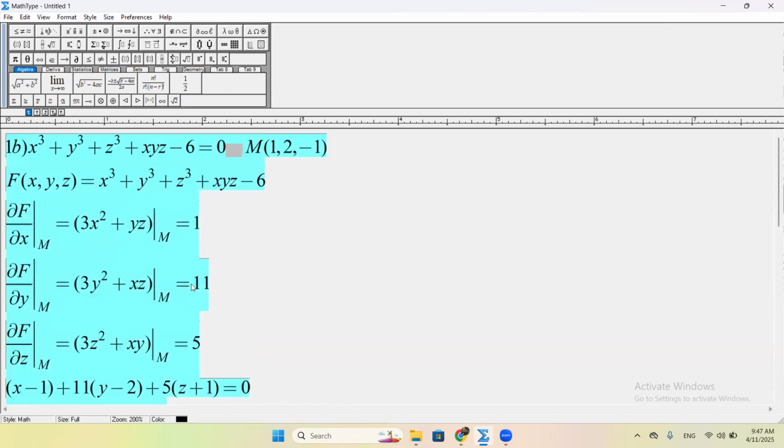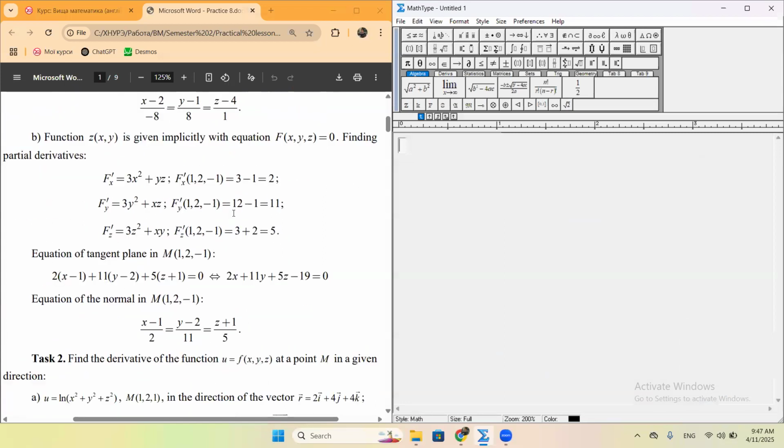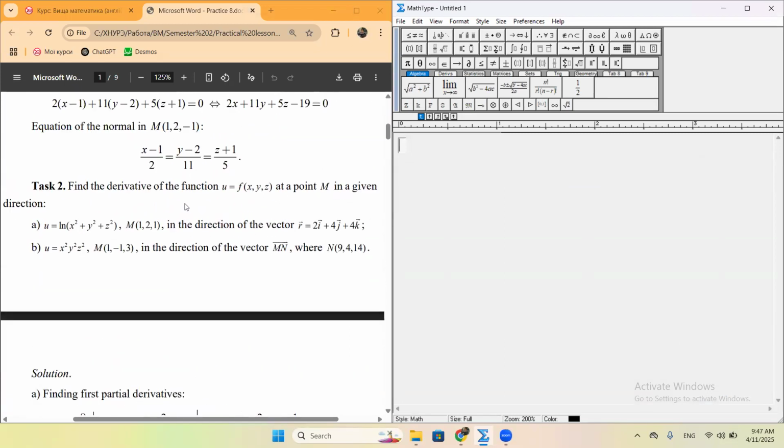Okay, if no questions, let's move next. Then the following task. We have to find the derivative of the function at point M in a given direction. So the function is the following: logarithm of x square plus y square plus z square, and the coordinates of the point M are the following: 1, 2, 1.